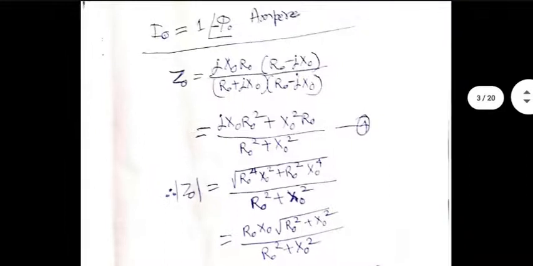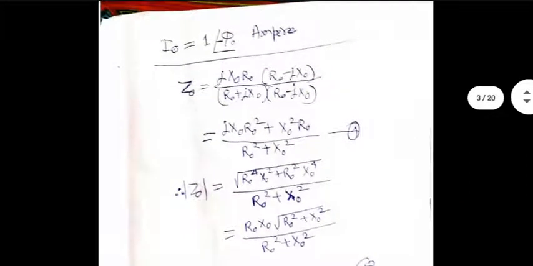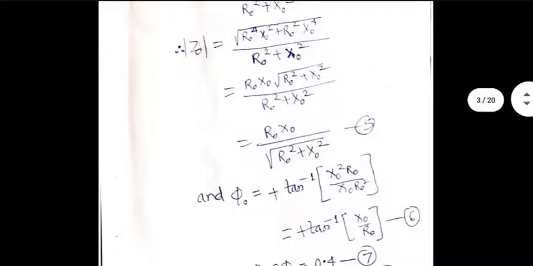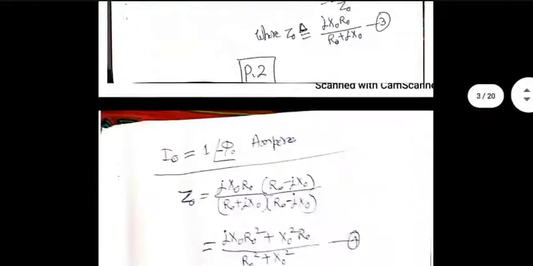Plugging in all that, and before that, let me calculate the Z0 formula more in detail. Z0 works out to be having magnitude given by this much. Z0 is the impedance of the parallel path. Okay.